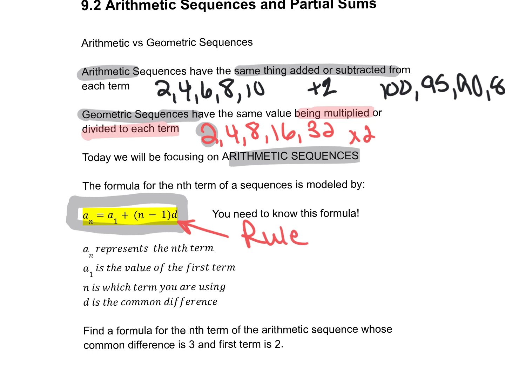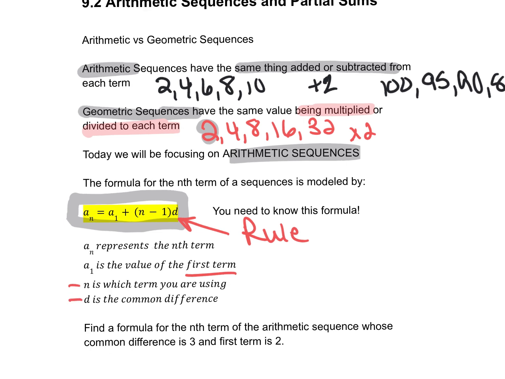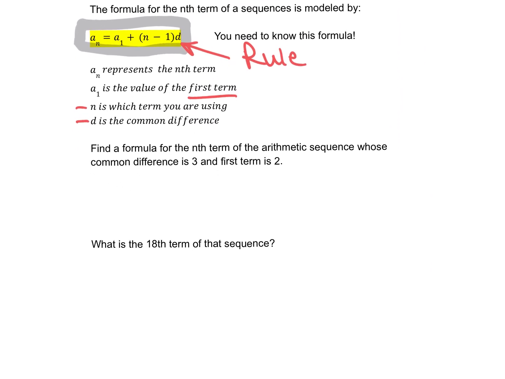So a sub n represents the nth term. If we're looking for the 15th term, it'd be a sub 15. A sub 1 is the value of the first term. n is the term number you are using, and d is the common difference, how it changes each time going from one term to the next.